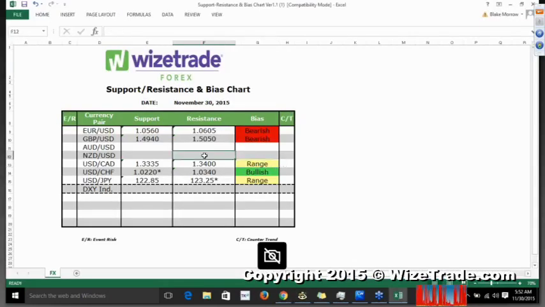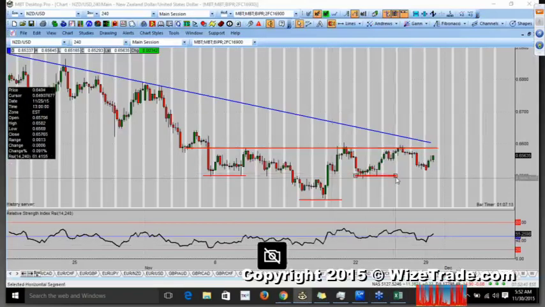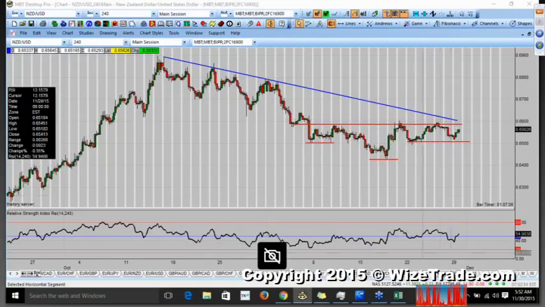So 0.6600 is major resistance. We are in a range. Support is at 65 cents.